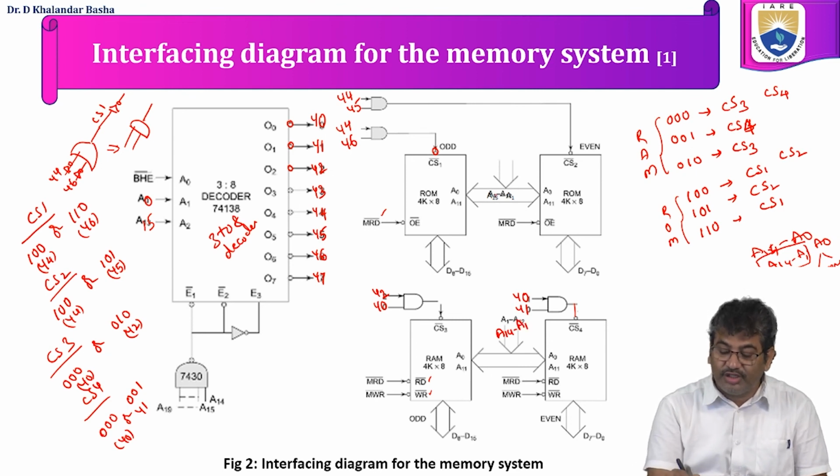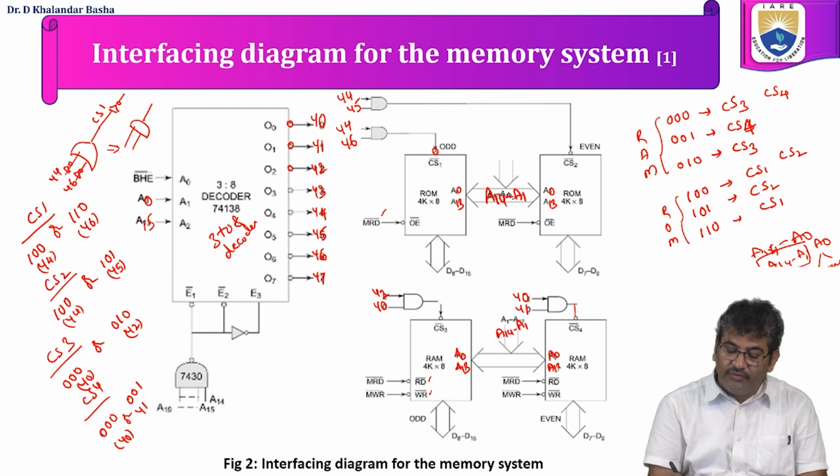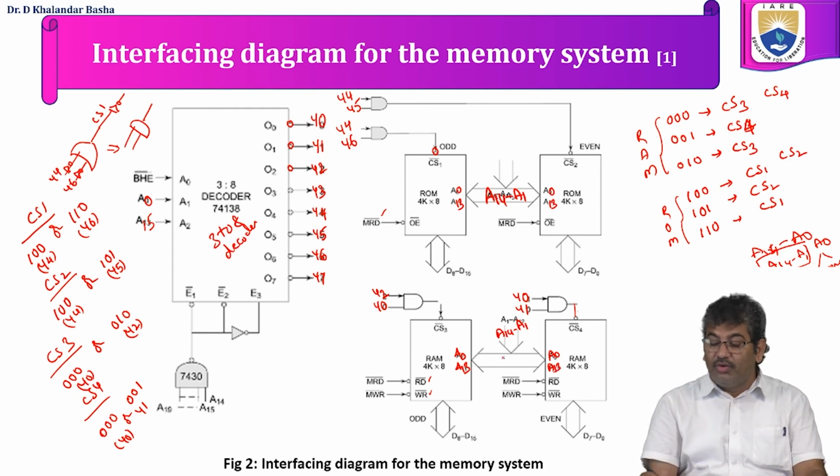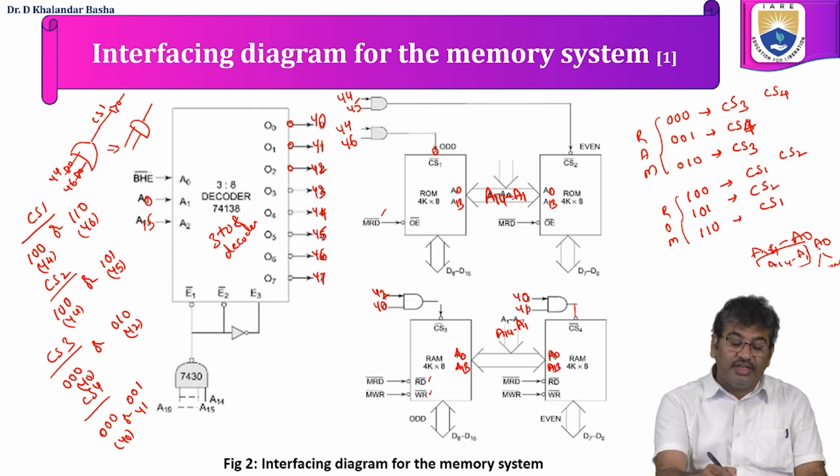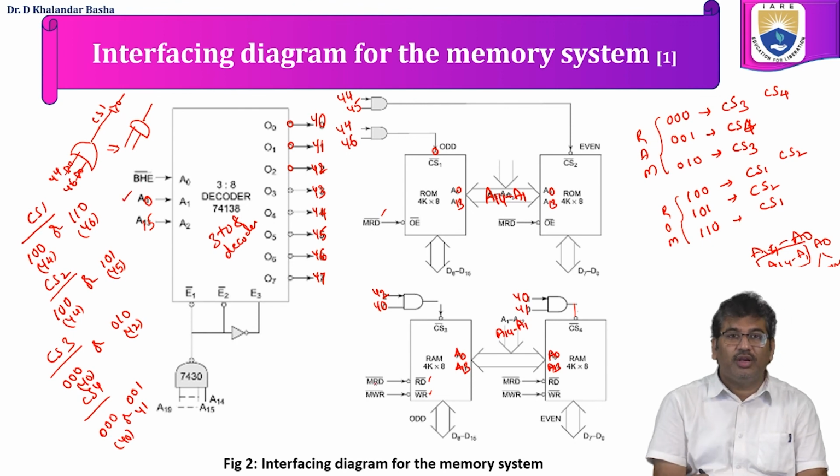Here also the address space which we are going to connect is A14 to A1. Internally, the number of address lines we require is 13. So A0 to A13 are going to be connected with A14 to A1. What about A0? A0 is given as input for the decoder.